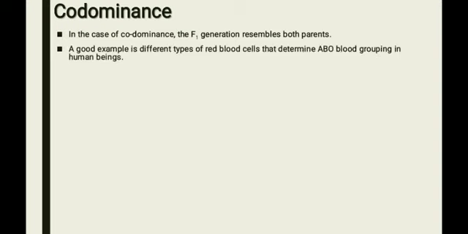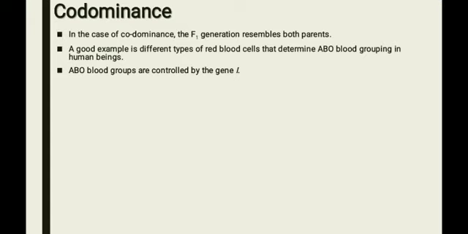What is multiple allelism? When a gene occurs in more than two allelic forms, it is called multiple allelism. Example: ABO blood group. In case of codominance, the F1 generation resembles both the parents.